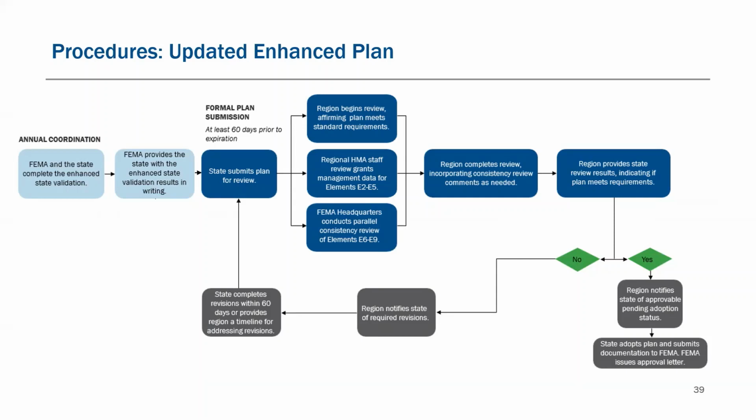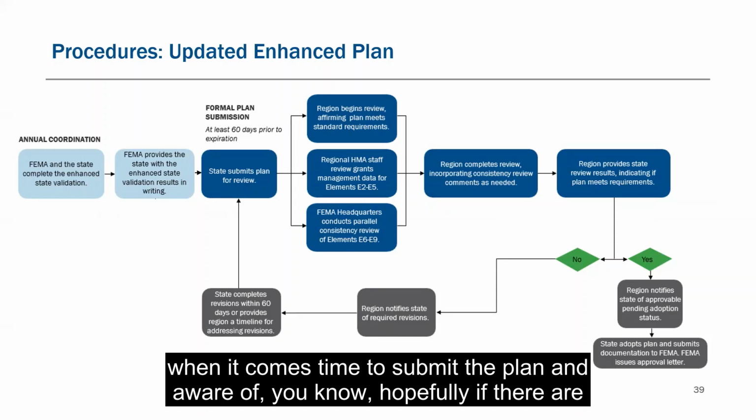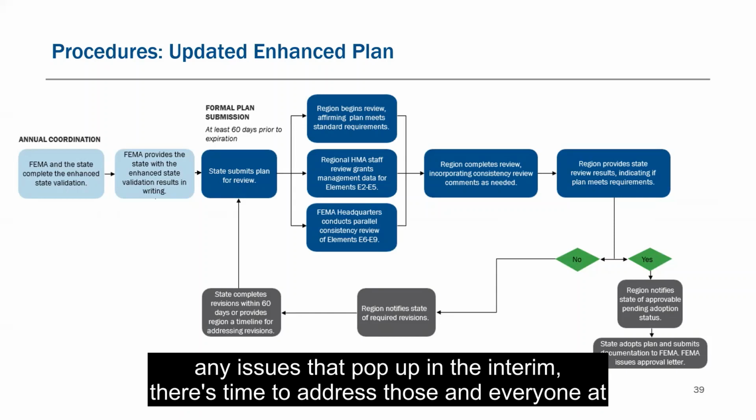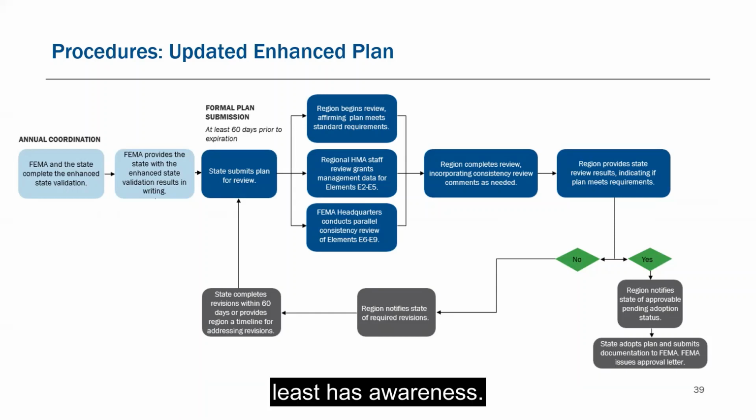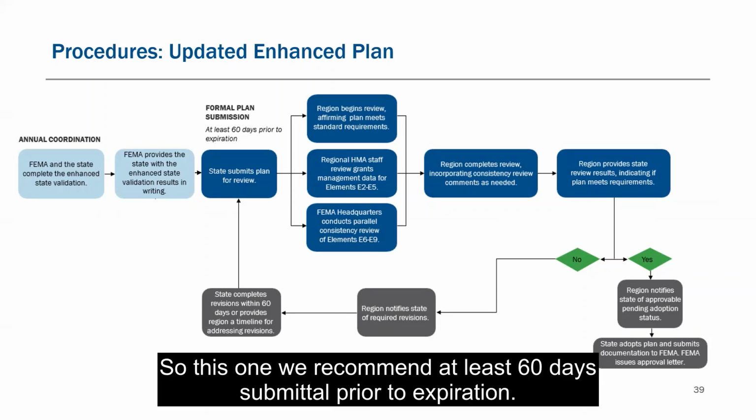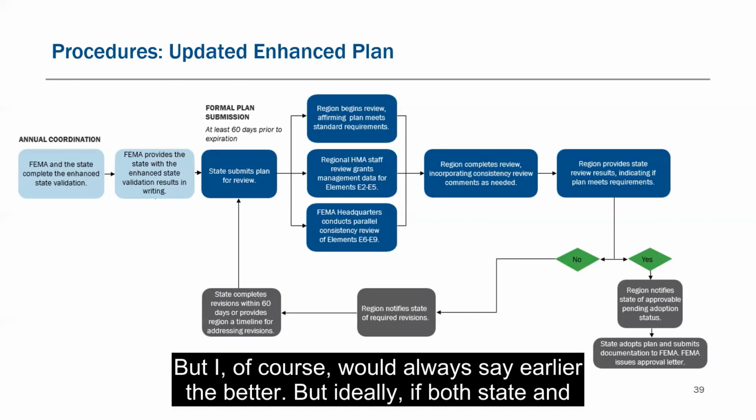And so hopefully through these annual meetings, everyone will be aware of the situation and will be ready when it comes time to submit the plan, and aware of any issues that pop up in the interim, there's time to address those and everyone at least has awareness. So this one, we recommend at least 60 days submittal prior to expiration, but I of course would always say earlier the better.